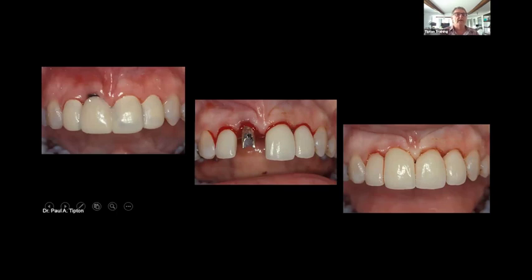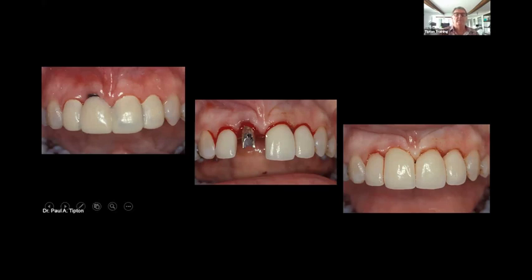Also, that problem may have been caused by the surgery. If we'd have placed that implant a little bit further palatally, if we'd have changed the emergence angle of the implant, then potentially we've got a little bit more coverage just here. Anyway, as I mentioned, in this case with the low lip line, it doesn't matter as much.